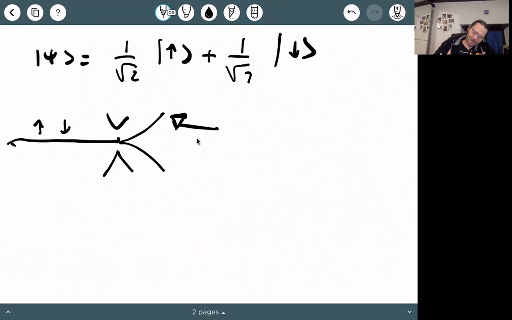What does that mean? It means that I must compute... The possible outcomes of the measurement of the x angular momentum are the eigenstates of the x component. So what are the eigenstates of the x spin matrix?